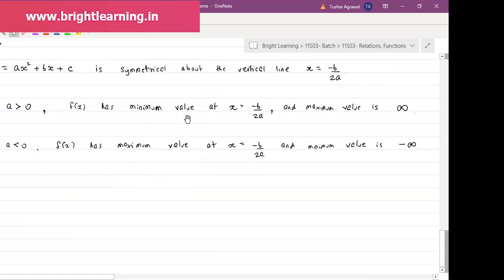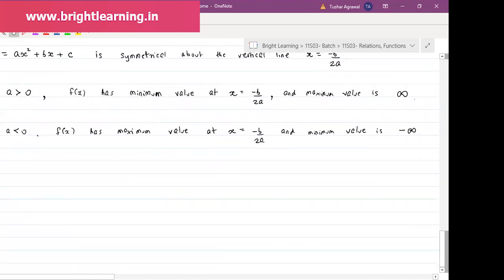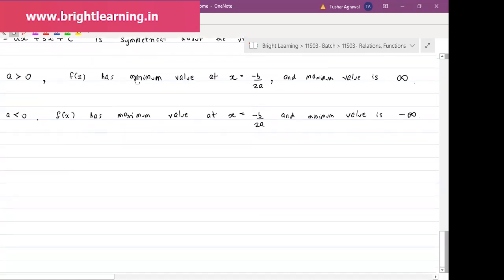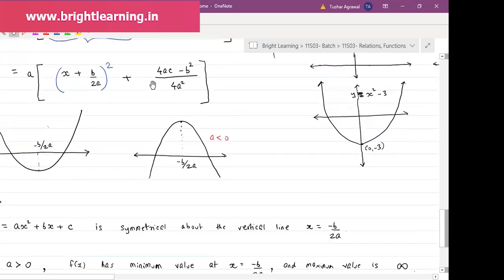Now, this minimum value of f of x and maximum value of f of x that we have seen, this second remark gives you the range of ax square plus bx plus c. This is useful to find the range of a quadratic expression. The value of f at this point is minus of D. Can you see this?